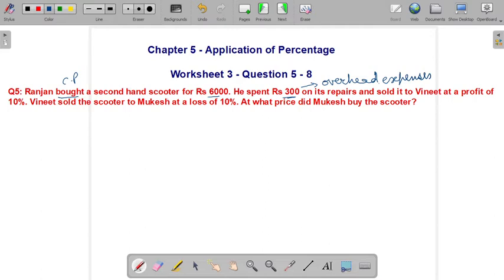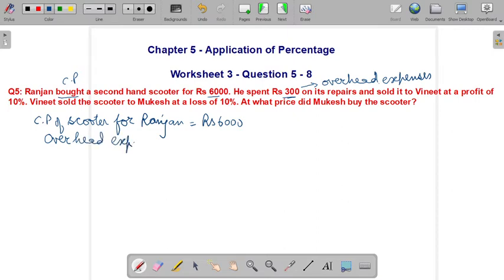The cost price of the scooter for Ranjan equals rupees 6,000, and he spent rupees 300 on its repair. So overhead expenses equal rupees 300.